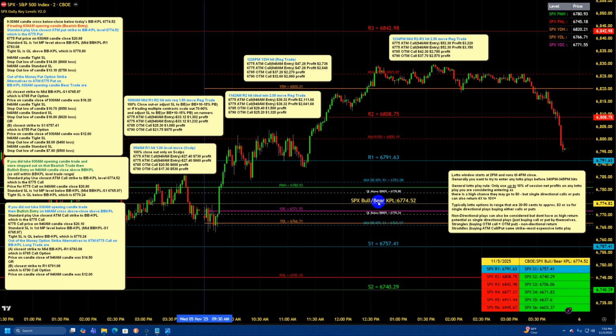In the case of the bull bear key price level for today's session, the price is 67.7452. So the closest SPX strike to that is 67.75. If it's a bullish trade, then it's a 67.75 call, and if it's a bearish trade, it's a 67.75 put.